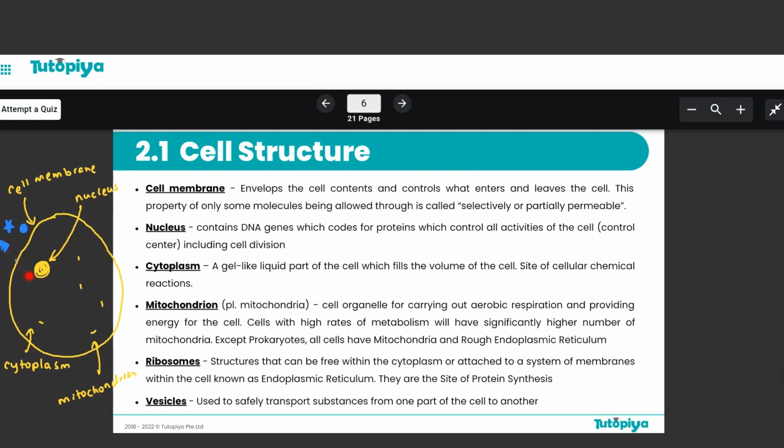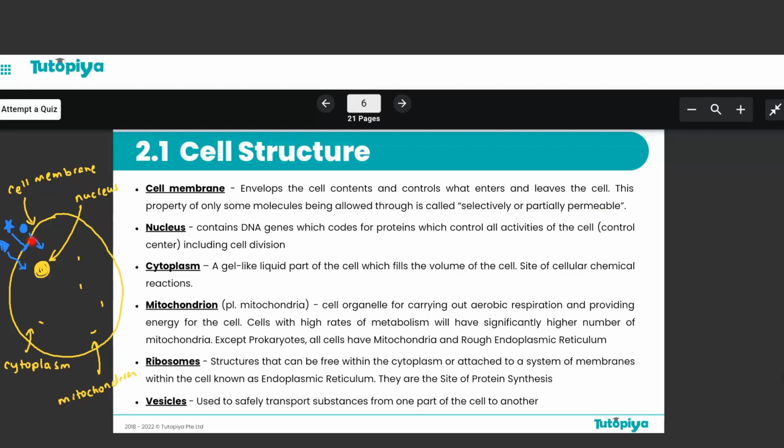So the cell membrane can control what gets to enter the cell, and the cell membrane can prevent certain substances from entering the cell. So the cell membrane is involved with active transport, and it can control what enters the cell as well as what leaves the cell. So this property of only some molecules being allowed through is called selectively or partially permeable. So that's the job of the cell membrane, to control what enters and leaves the cell.